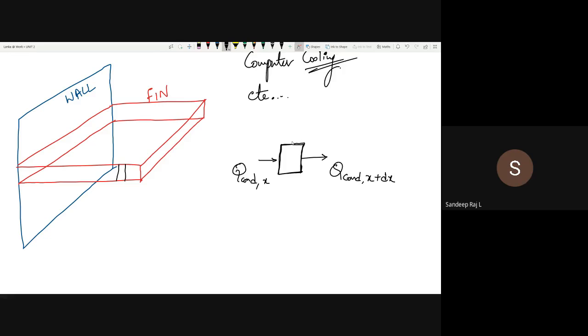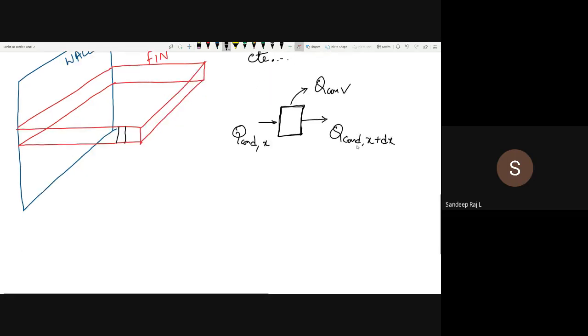Along with that, there will be something called Q convection that is also coming out throughout. So I have to take the conduction that is entering and leaving, and also the convection that is coming out of it has to be considered.